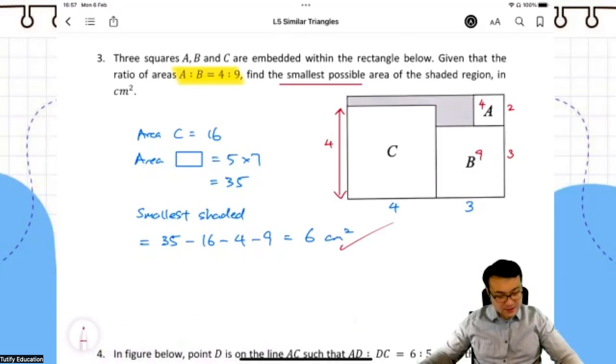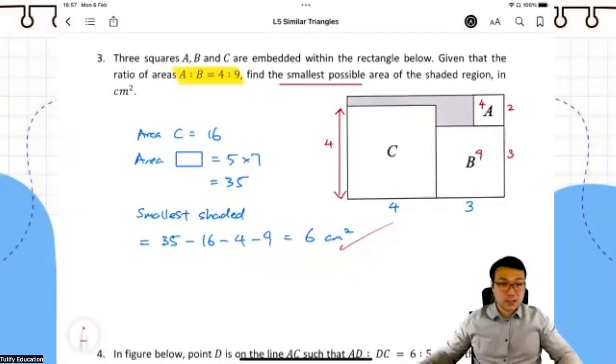Was this easy or difficult? Easy. Okay, good job. Students, anyone have questions? Raise your hand. Now, even though this is 4 and 9, right, why do I not want to try out other square numbers?